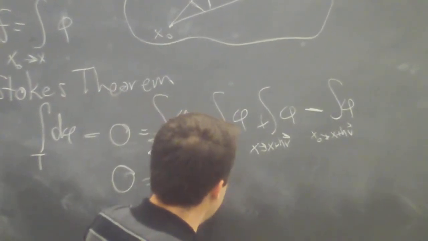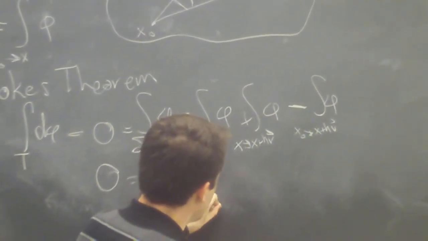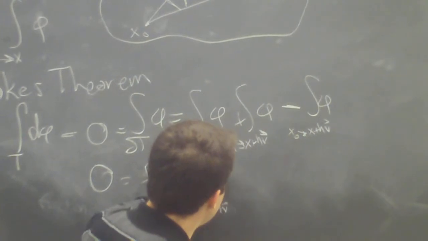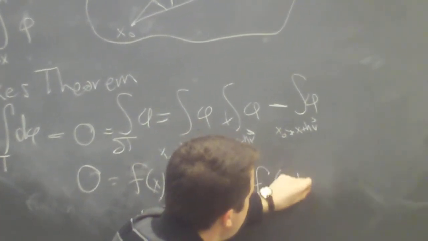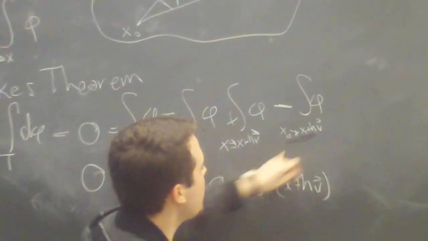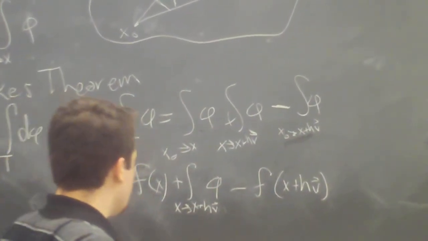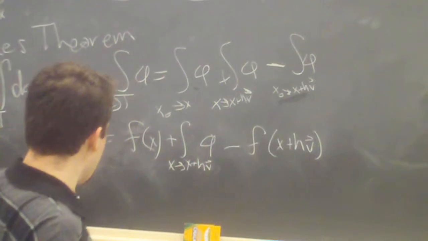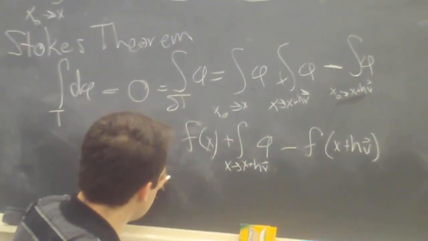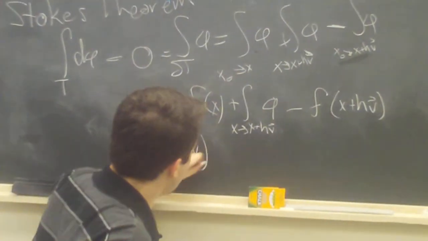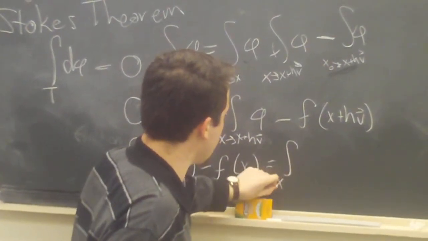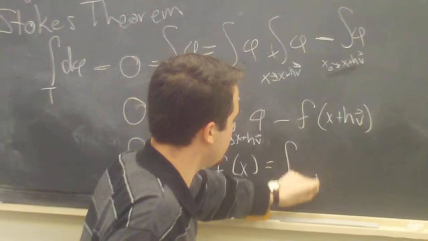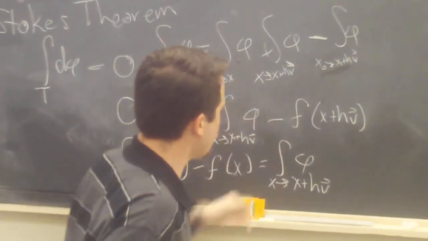plus this integral that we don't know much about, so we're going to leave it as is for now, minus f of x plus hv, since this is the form of our definition for f as well. So this is the integral we have, and we can rearrange it to say that f of x plus hv minus f of x is equal to the integral from x to x plus hv of phi.